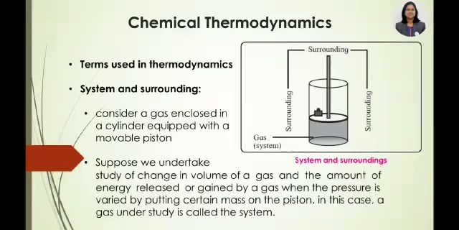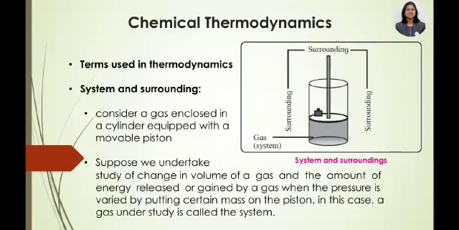Suppose we undertake a study of the change in volume of a gas and the amount of energy released or gained by the gas when the pressure is varied by putting a certain mass on the piston.